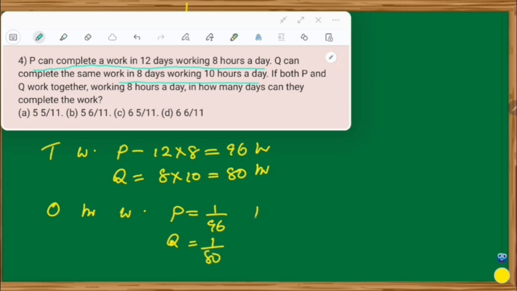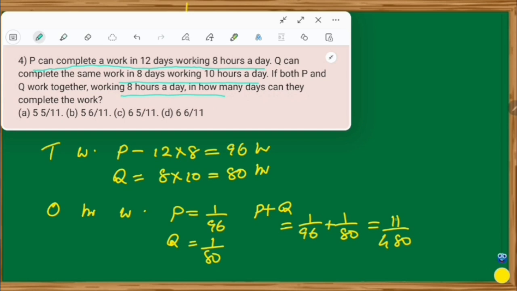The combined 1 hour work of P plus Q is equal to 1 by 96 plus 1 by 80, that's equal to 11 by 480. Given that P and Q work 8 hours a day, we want to calculate how many days they take to complete the work.